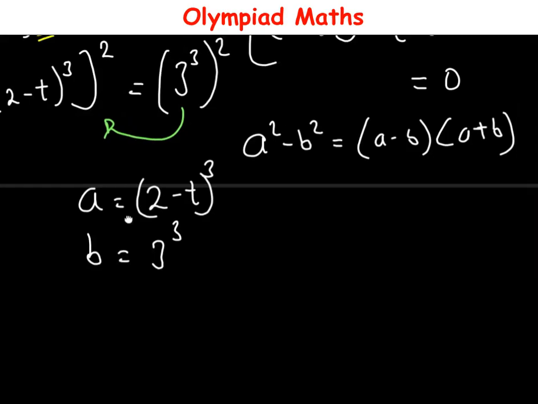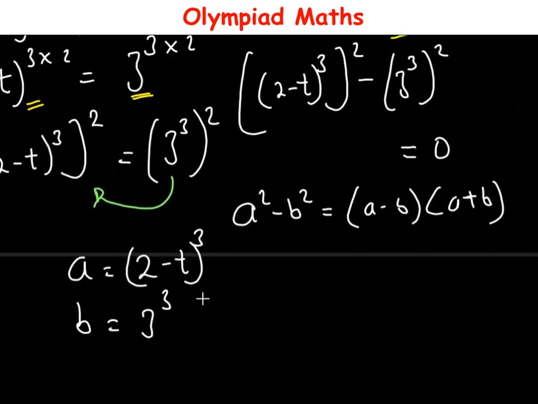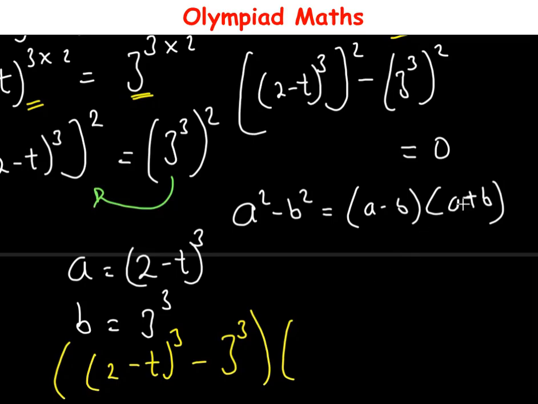Expanding this, we have ((2 − t)^3 − 3^3)((2 − t)^3 + 3^3) = 0.